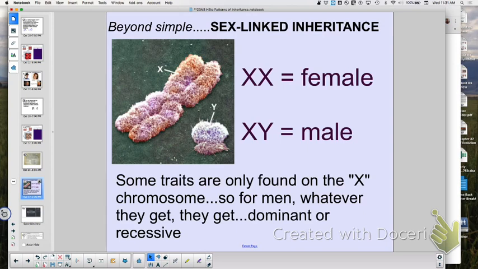So there are no exceptions to your rule if you are a girl. However, if you are a boy, how many X's do you get? 1 X. 1 X is all that you get, and whatever you get, you will express it. It doesn't matter if it's recessive or dominant. That's why it's an exception to Mendel's law of dominance.